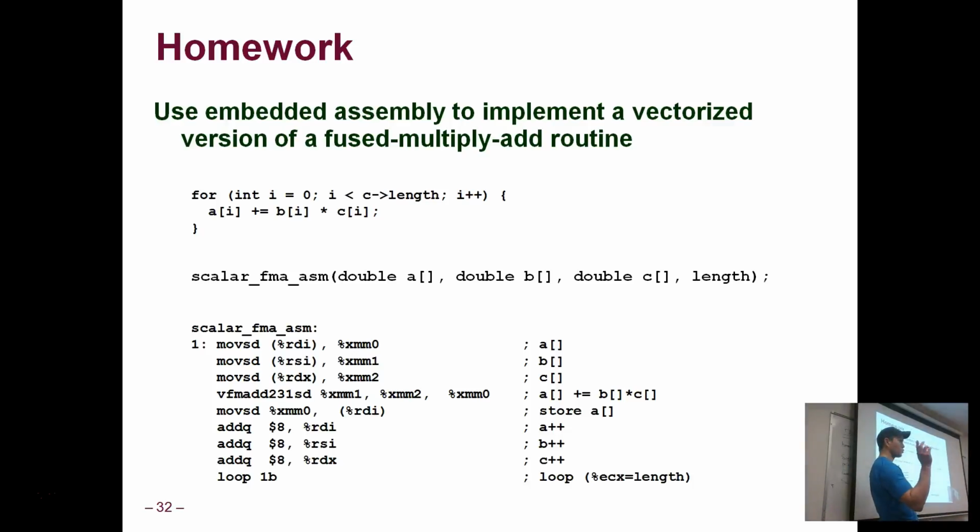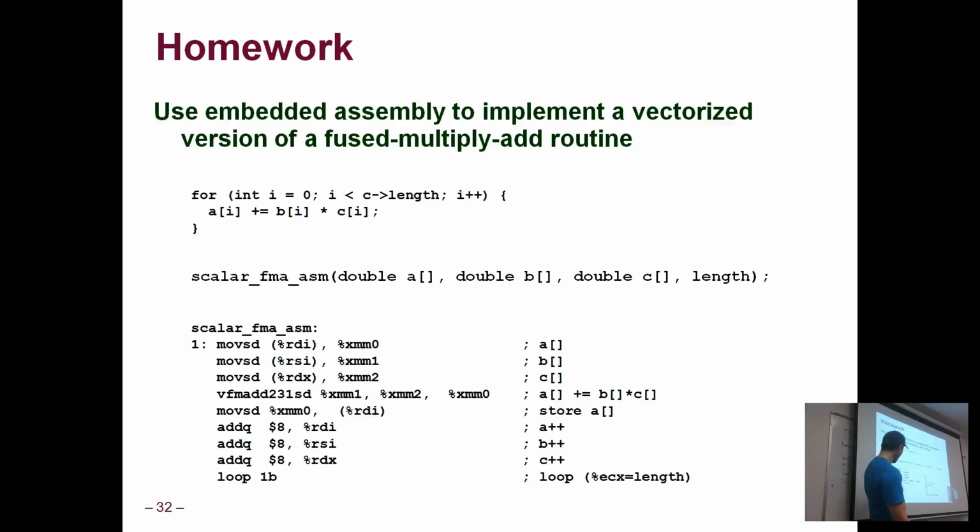The reason it's implicit here is because length is your 4th parameter, and your 4th parameter is stored in what register? ECX or RCX. Well, if that's an int or a long, this loop is implicitly using RCX as a counter, which is why this assembly is sort of cheating.